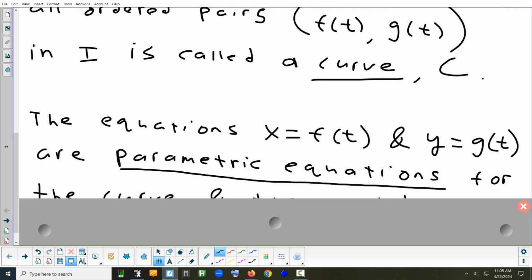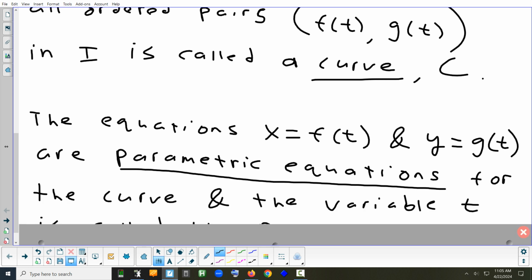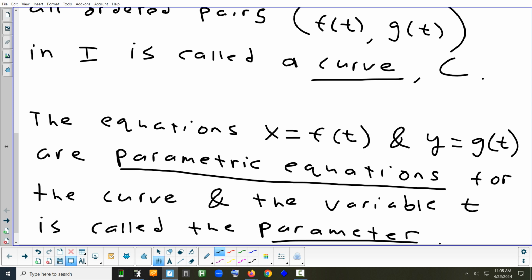Okay, those two equations, the one for x and the one for y, they are called parametric equations. That's the name of them, parametric equations. And t is what you're going to plug in numbers for to get points. So t is kind of like your variable.